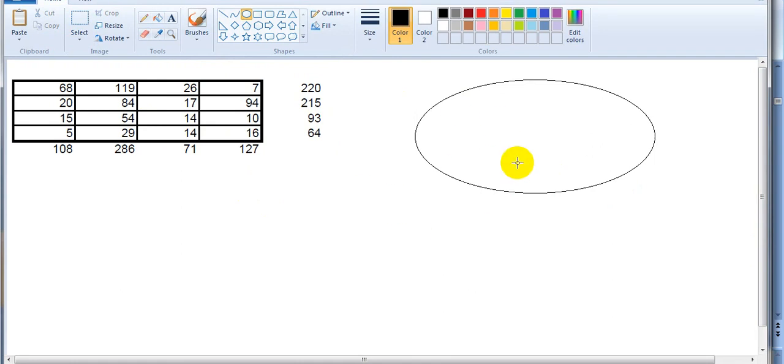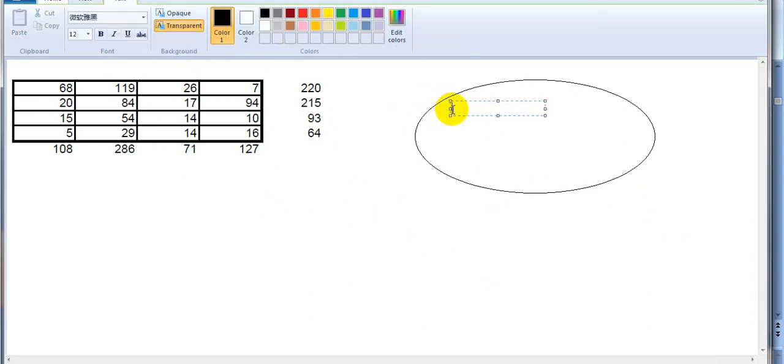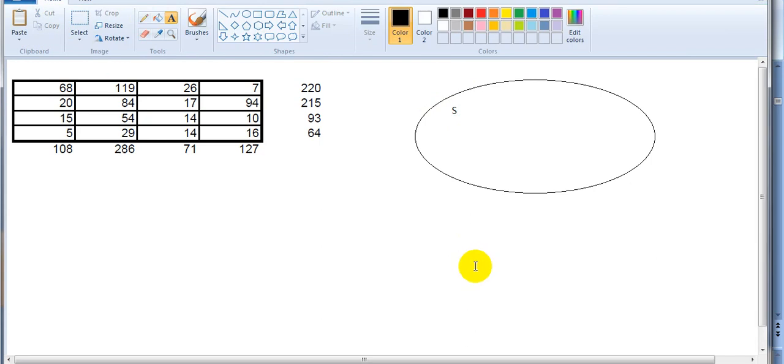We don't know how many tables there are so far, but the number is finite. So you can think of this as a sample space S containing all the tables. Here is one table, here is another, and here is another.